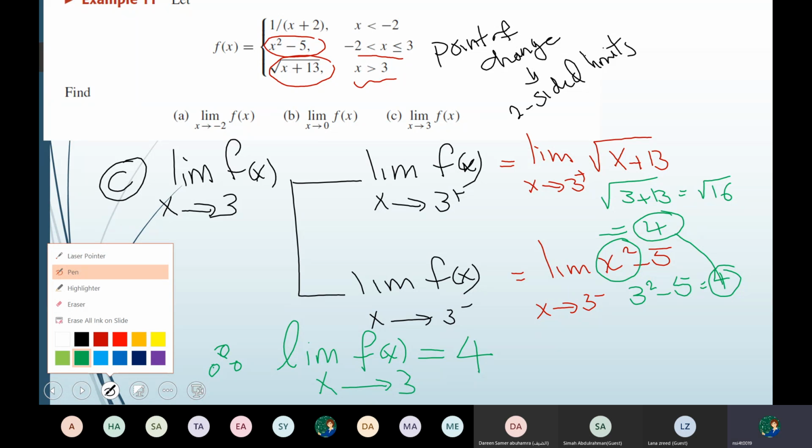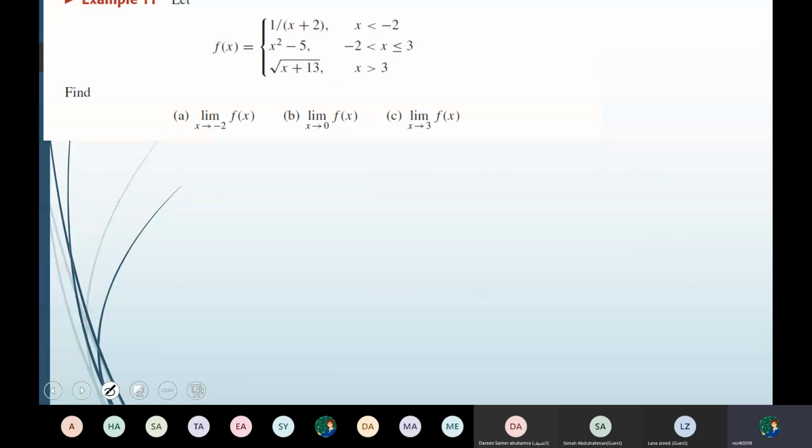Now, before I go to B, is it clear? Yes, miss. Now let's do B. In B, we have to find limit f of x when x approaches 0. Look at 0 here. Is 0 a point of change? No. The points of change here are only -2 and 3, but 0 is not.